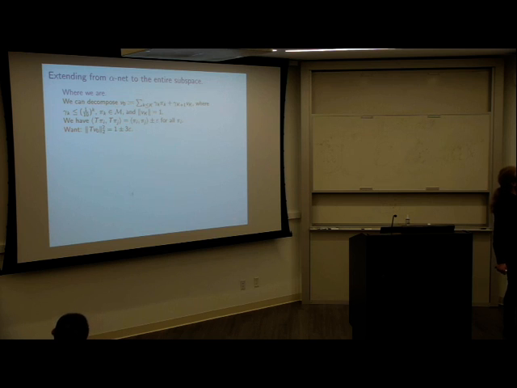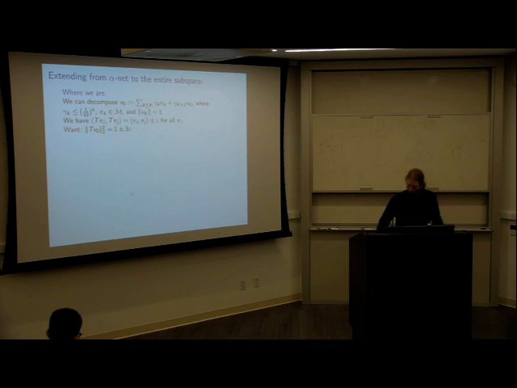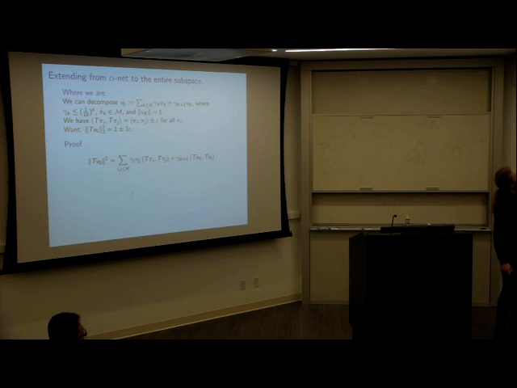So what is the L2 norm of TV naught squared? Well, you just apply T, and this L2 norm squared is the inner product of this with itself. So you expand the square.